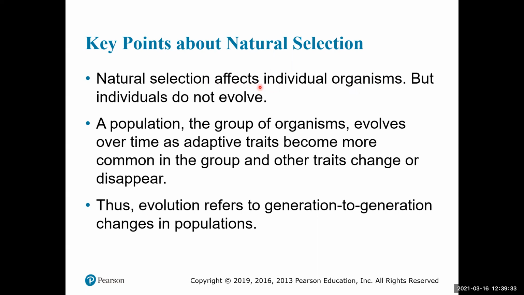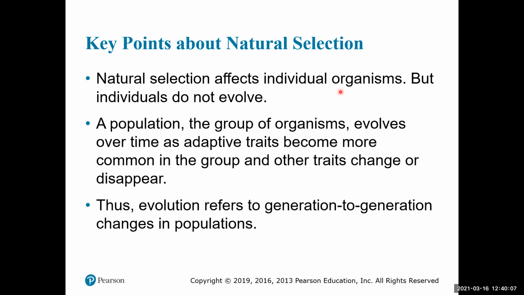But the overall process of evolution does not happen at the individual level. It happens at the population level. Okay. So again, remember I said this earlier, the important idea for evolution is that individuals do not evolve, populations do. And the reason it's like this is because that individual organism has a specific trait that it inherited from its parent.